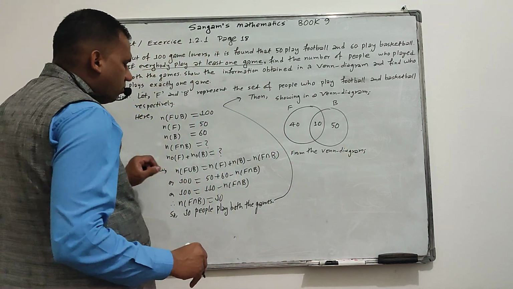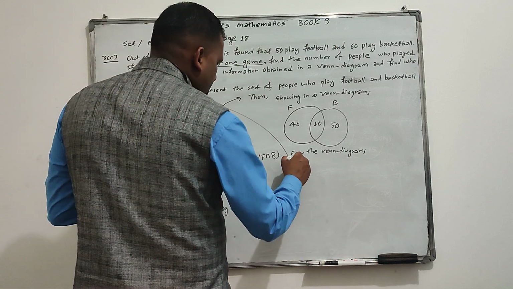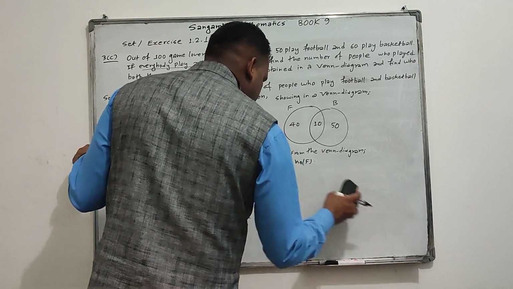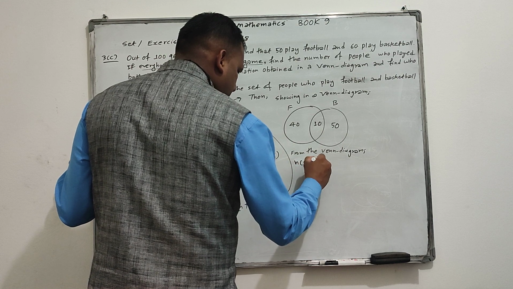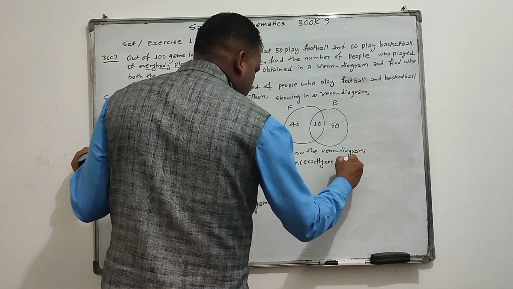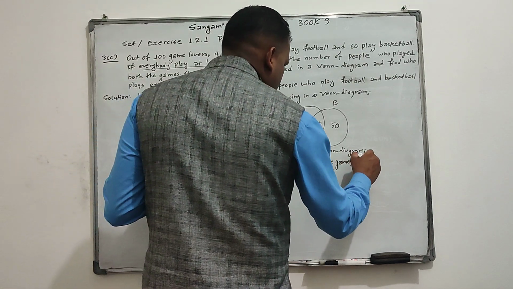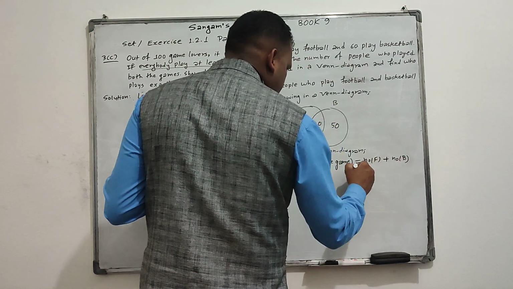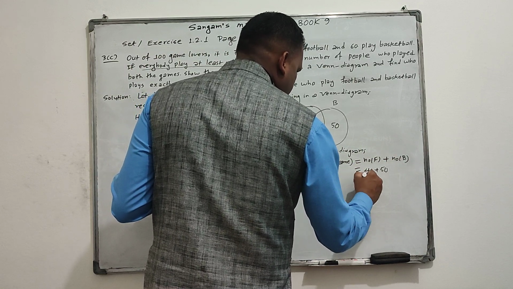Second part, who like only one game, who play exactly one game. Number of exactly one game equal to n naught F plus n naught B, that is 40 plus 50 from the Venn diagram, that is 90.